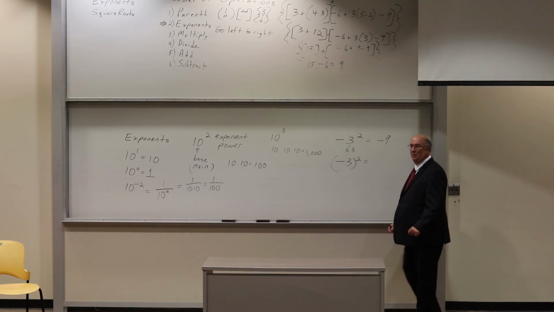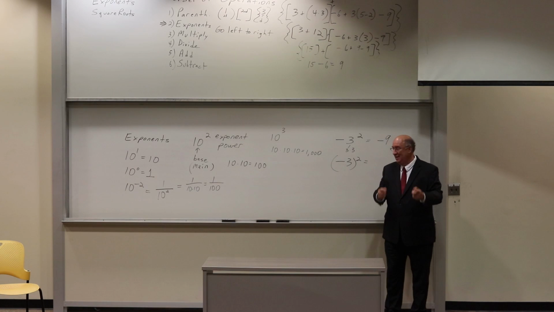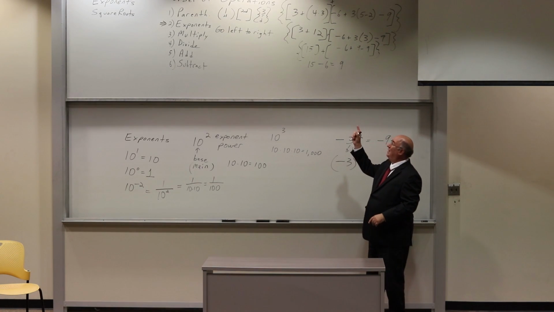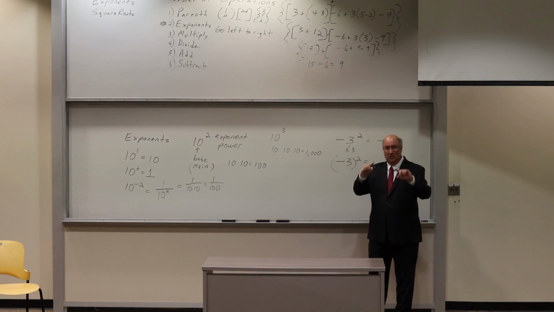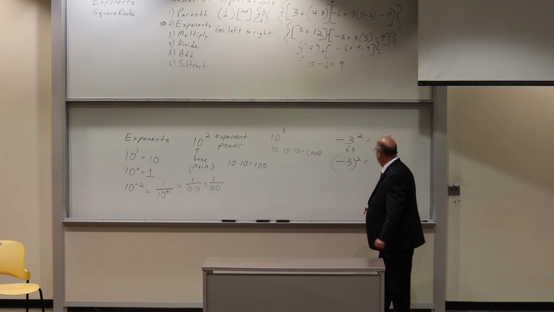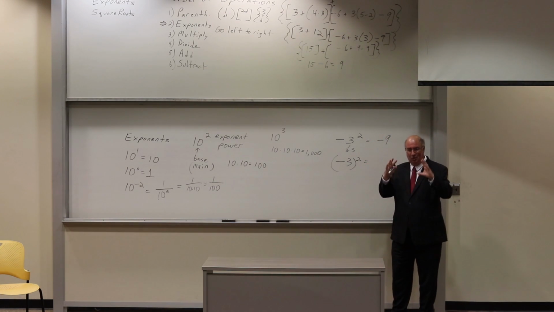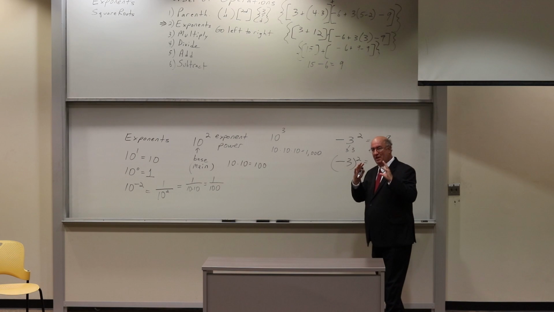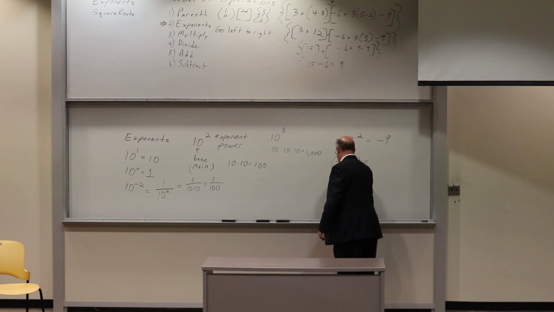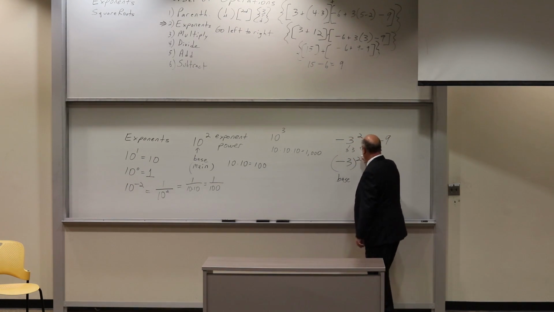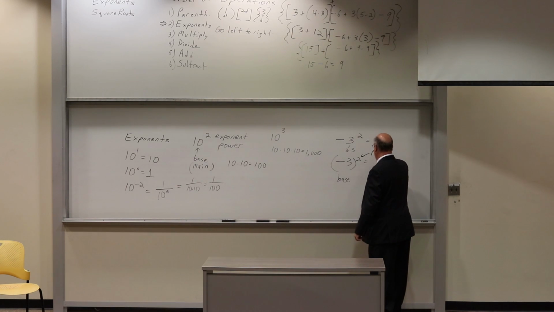Okay, now minus 3 in its own bracket. Just like when we had parentheses, we did the rounded brackets first. This minus 3 in its own bracket, the whole thing, the whole minus 3 is now the base. And the 2 is still our power, or exponent.